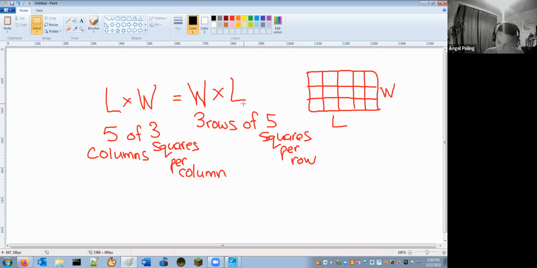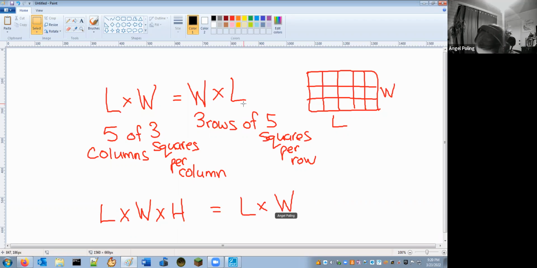And a place we see the associative property then is with volume, length times width times height, length times width times height.